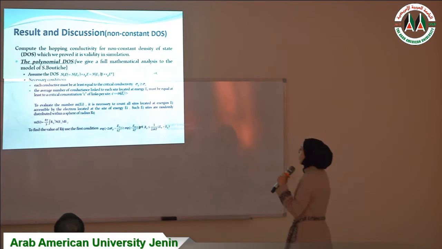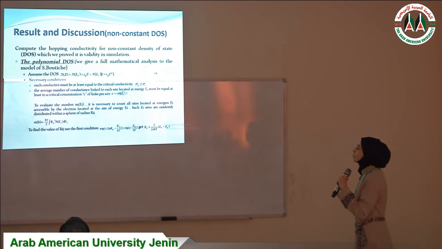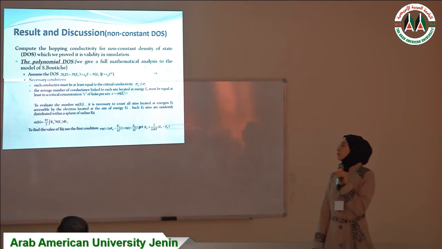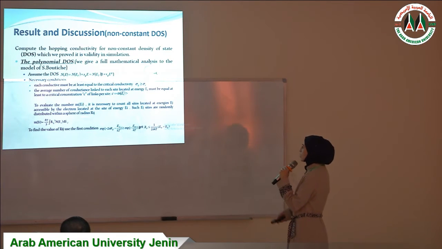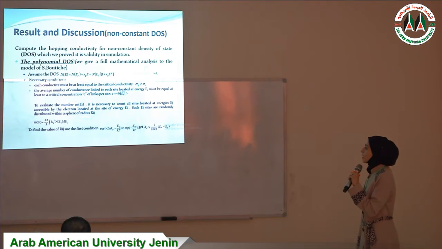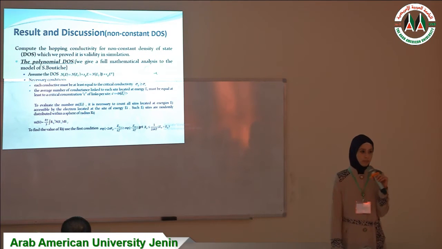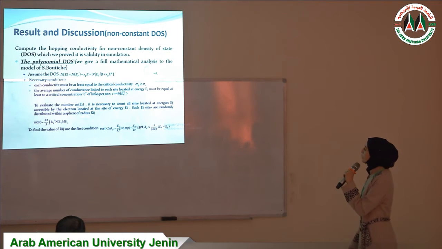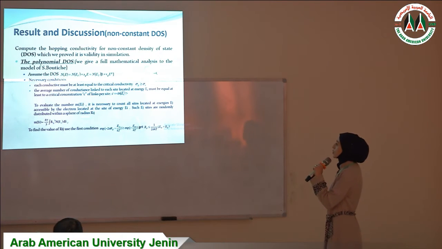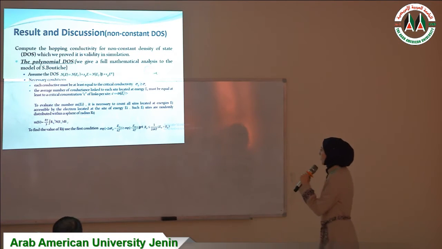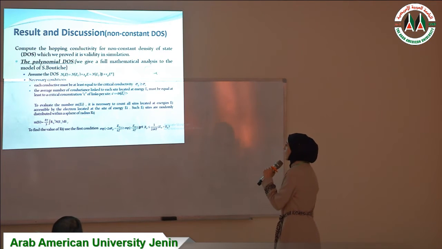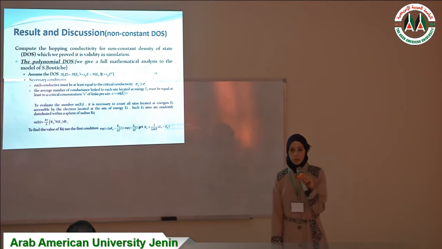Okay, here, in 2009, Butesh gave a full mathematical analytical analysis of the model that assumed a polynomial density of states in this form, N(E) equal N(E_F) plus S_Q multiplied by E. He puts two necessary conditions: the conductance sigma_ij must be at least equal to the critical conductivity, sigma_ij more than or equal to sigma_C.